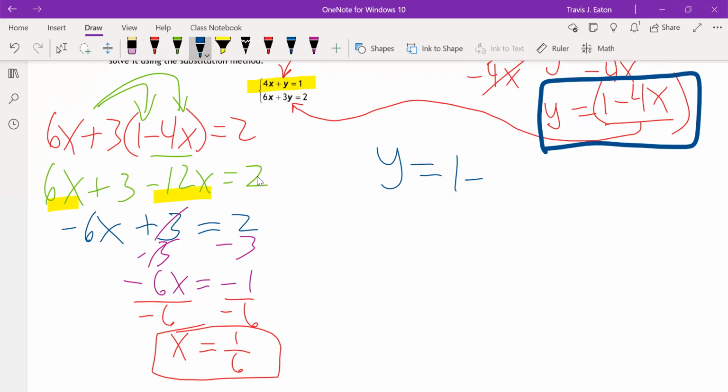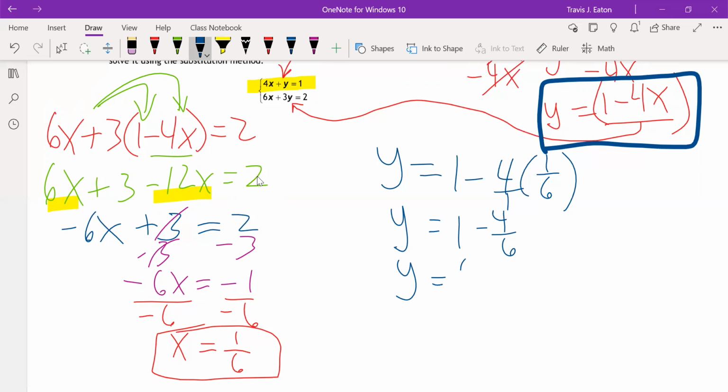Y equals 1 minus 4 times 1/6, because that's what x is. Okay, now we just do what we know how to do. 1 minus, now what is 4 times 1/6? Well, that's 4 over 1. 4 times 1 is 4. 1 times 6 is 6. So 1 minus 4/6.